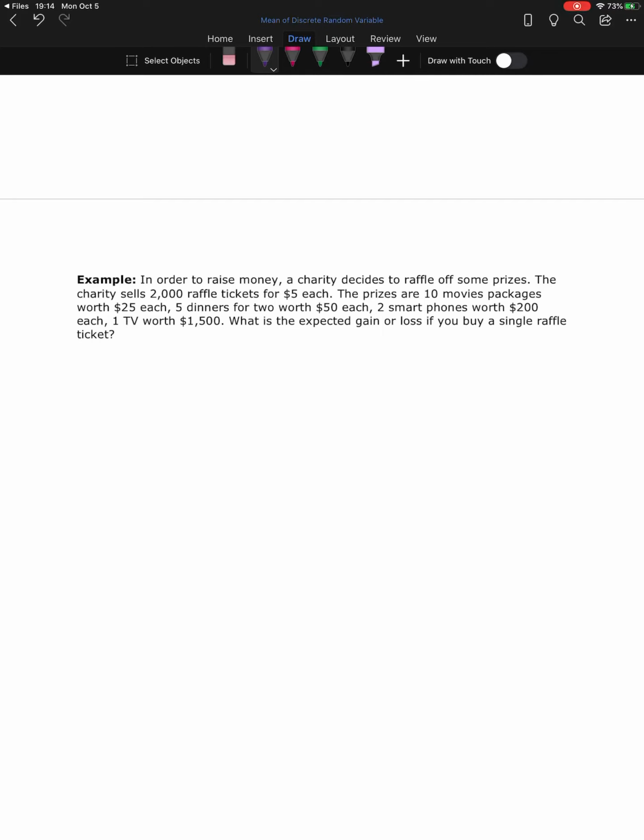So you decide you're going to take part in this raffle, but you can only afford to buy one raffle ticket. So we're going to look at how much could you expect to gain or lose if you participate in this raffle based on the amount that the raffle ticket costs versus how much the prizes are worth.